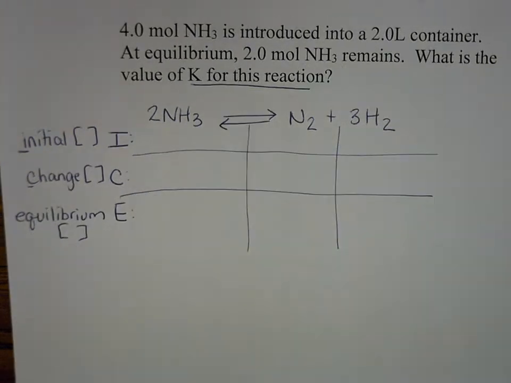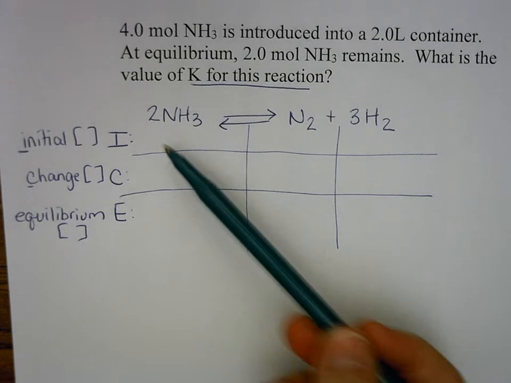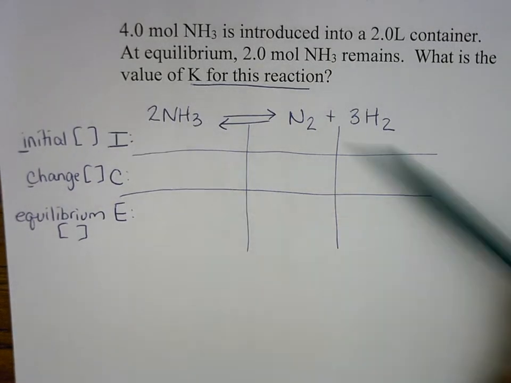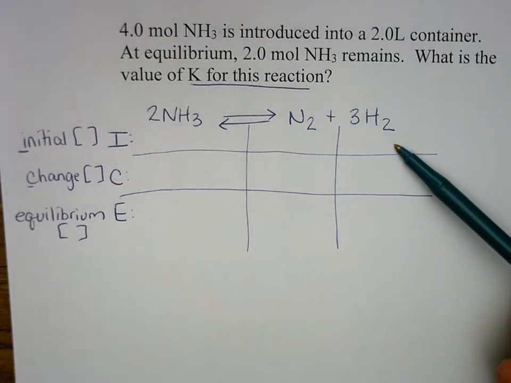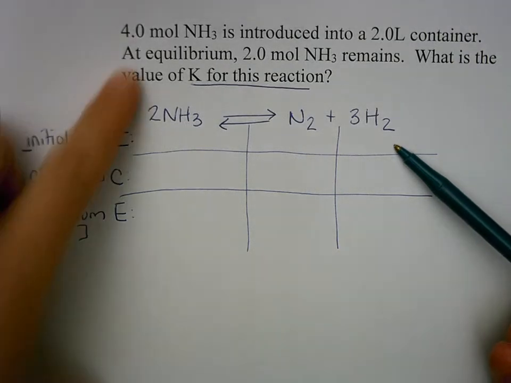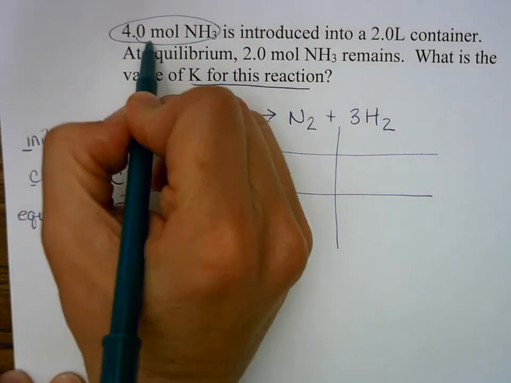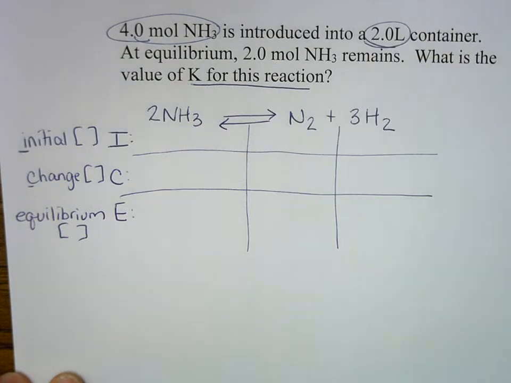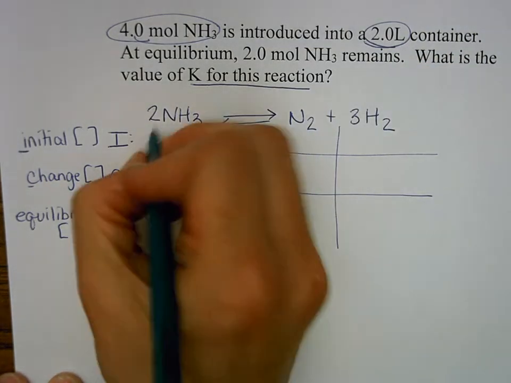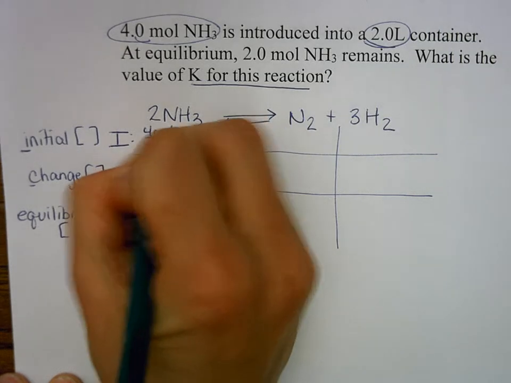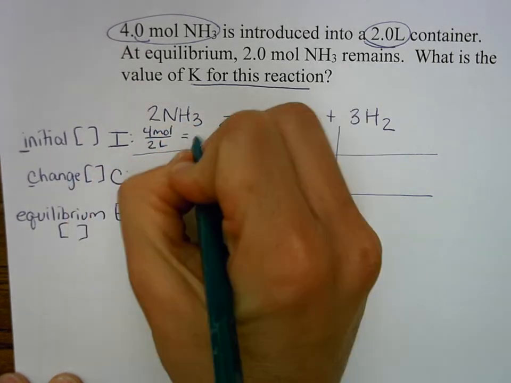So the first thing I want to do is fill out the initial concentrations of everything. That means before the reaction begins, what do I have? It tells me I have 4 moles of NH3, and I put it in a 2-liter container. So my initial concentration is 4 moles over 2 liters. That's 2 molar.